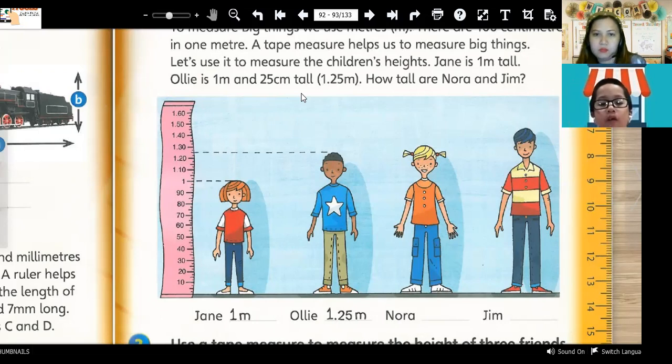Nora is 1 meter and 30 centimeters tall.